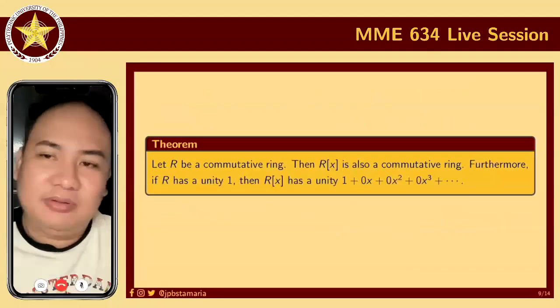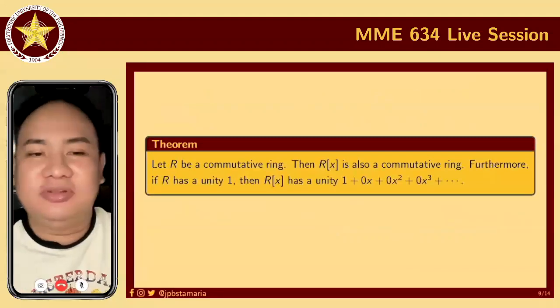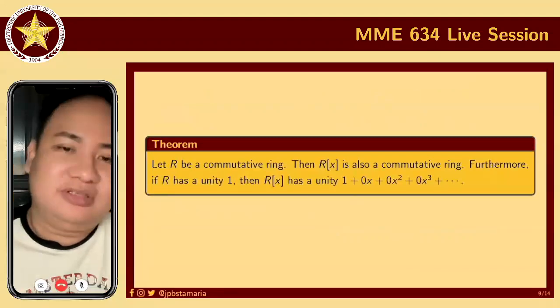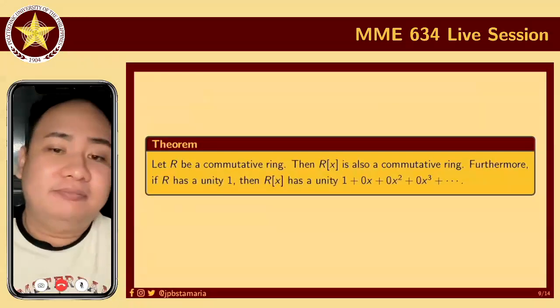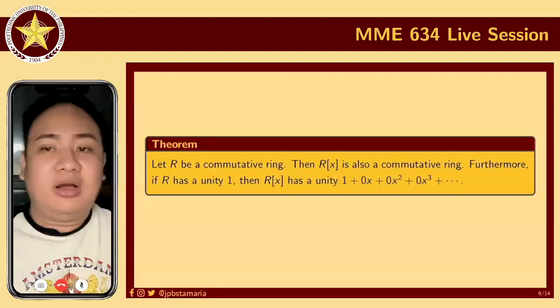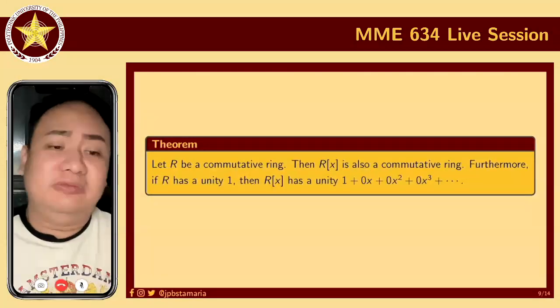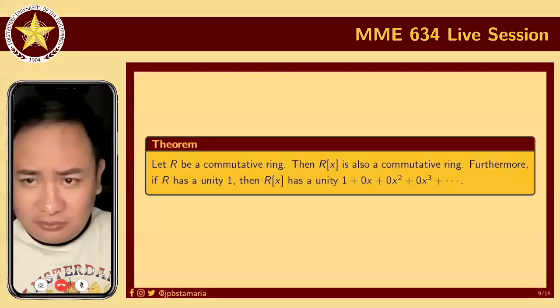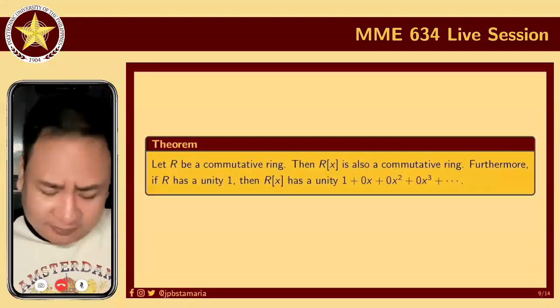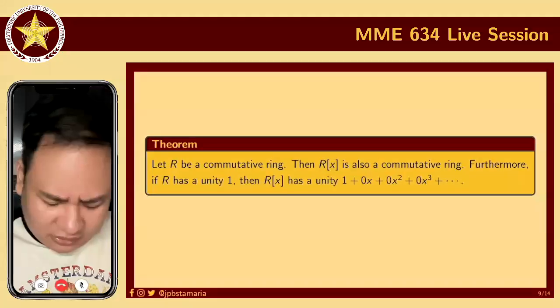Okay. But before talking about that property, let me just state the following. Pag commutative ring si R, yung R square bracket X, yung mga polynomials yan, bumubuo rin ng commutative ring. Alam nyo bakit? Kasi, the way we multiply and add polynomials, we follow the rules in a commutative ring, di ba?